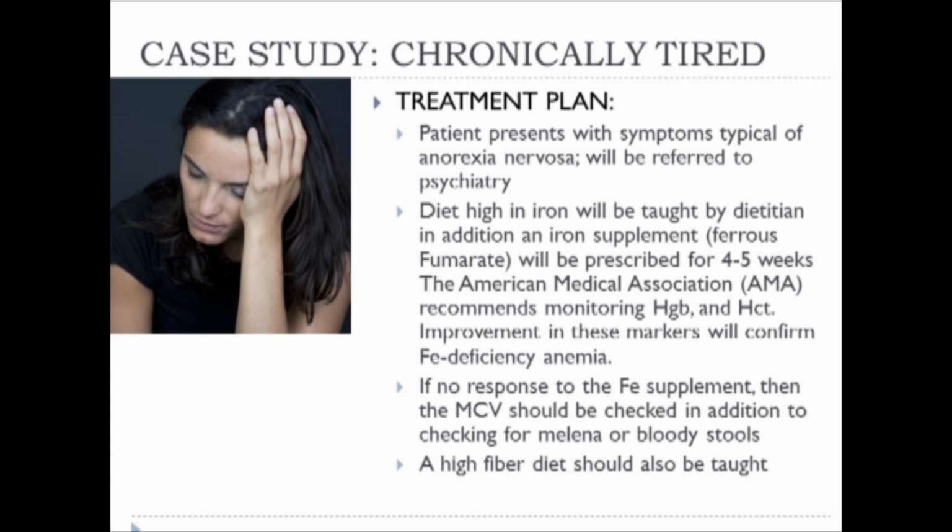Now, if there is no improvement in the hemoglobin and the hematocrit with the iron supplement, then the MCV could be monitored over a period of time, and of course, we would normally expect the MCV to increase, so we could check for that. In addition, we could probably check for melena or bloody stools, which would also be another reason why there could be an iron deficiency anemia.